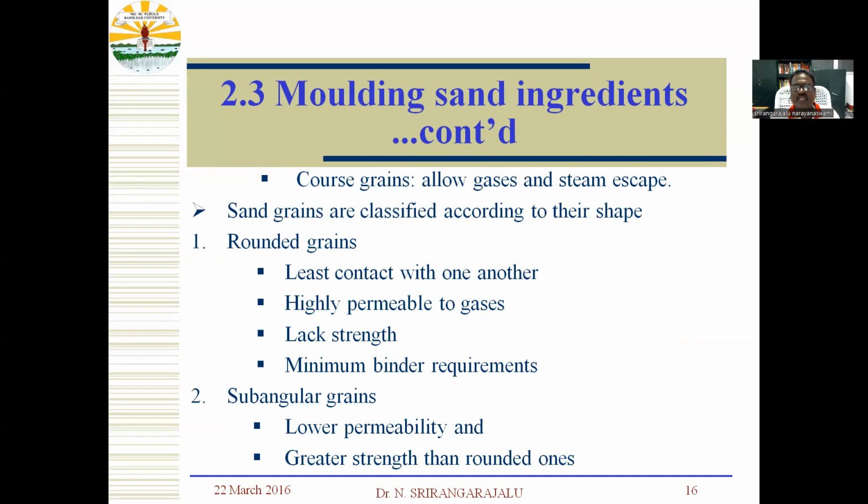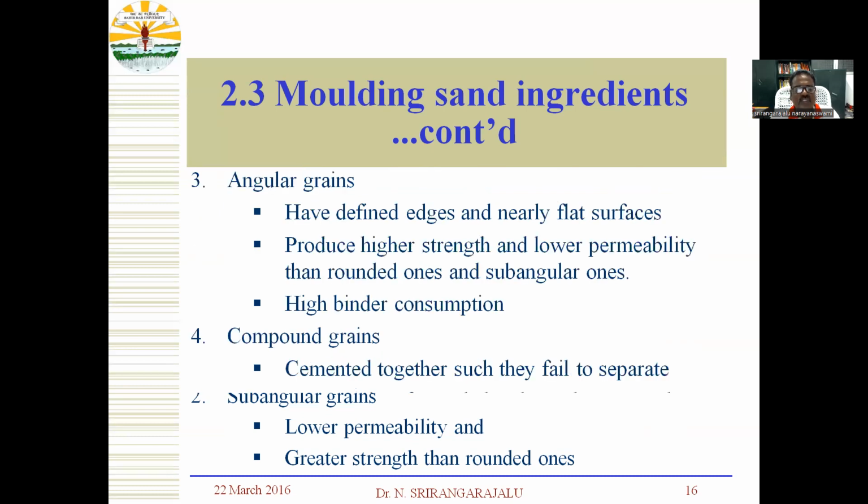Sand grains are classified according to their shape. Round grains have least contact with one another, are highly permeable to gases, lack strength, and need minimum binder. Subangular grains have lower permeability and greater strength than rounded ones.